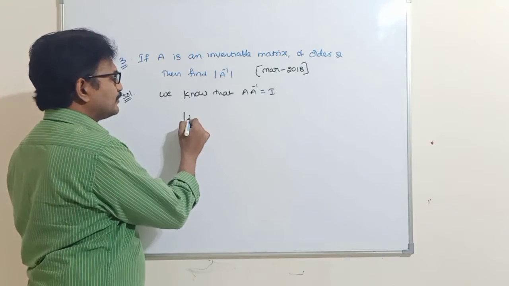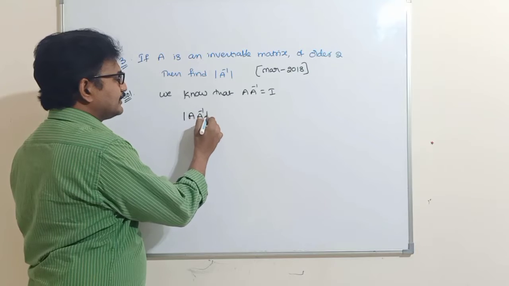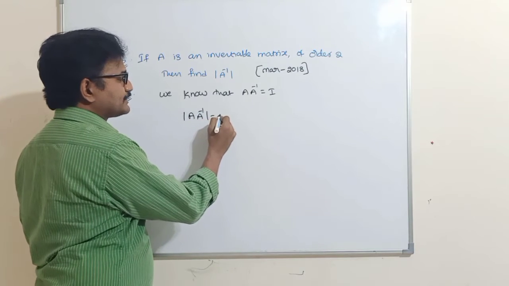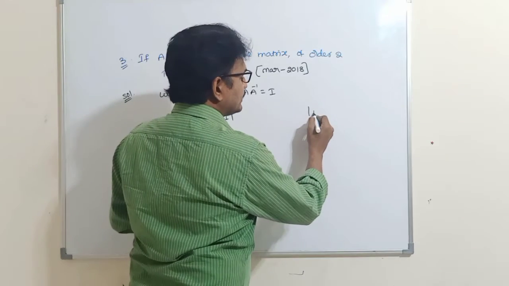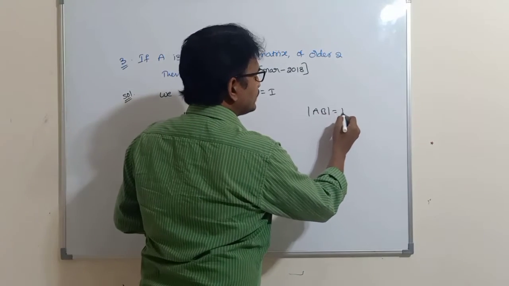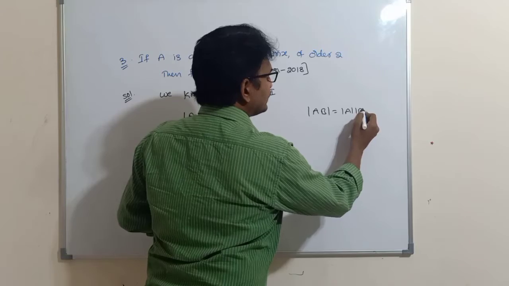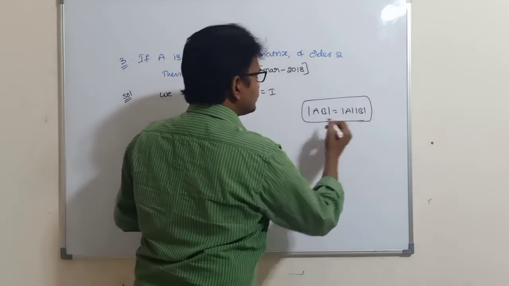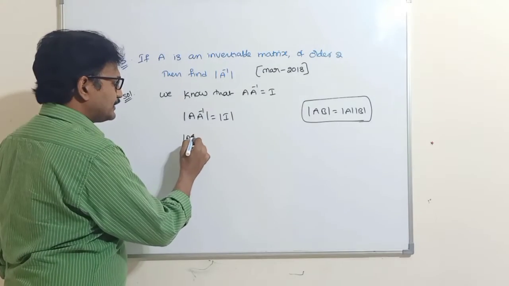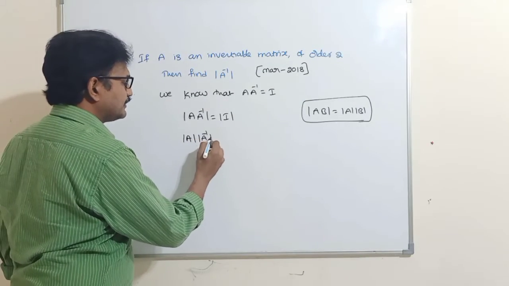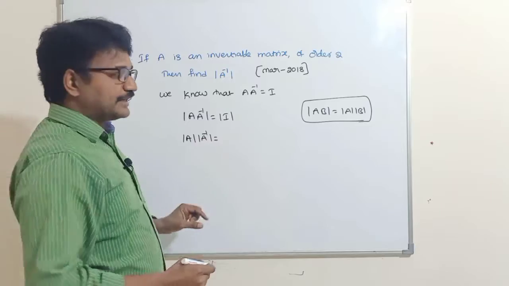Apply delta on both sides. Then delta of A into A inverse is equal to delta of I. So we know that delta of AB is equal to det A into det B. So according to this property, delta of A into A inverse is equal to det A into delta of A inverse. Next, delta of identity matrix.